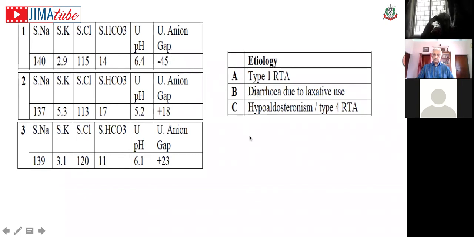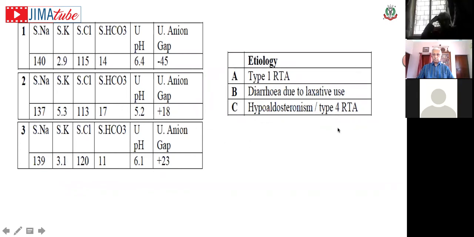Whereas in renal tubular acidosis, either due to bicarb loss, that is proximal renal tubular acidosis, where bicarb is not absorbed, or distal renal tubular acidosis, or type 1, where the acidification mechanism of the body is lost, in both of these the urine anion gap remains positive.